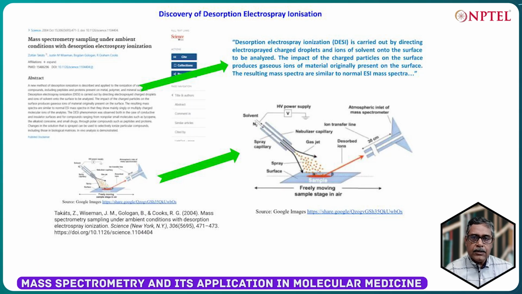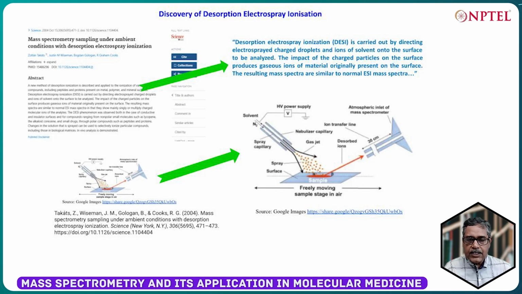The ionization method itself has the name DESI, D-E-S-I, Desorption Electrospray Ionization. We know electrospray ionization, that is the first thing we discussed in this course. And there is an added term, desorption.